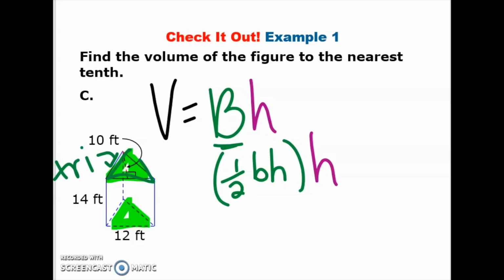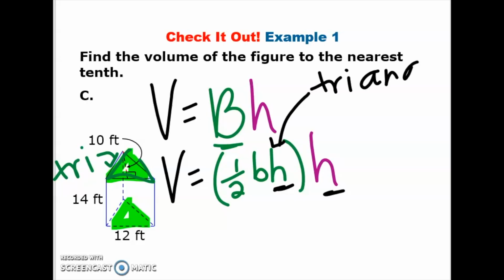Now notice there's a reason I'm really wanting to focus on the different colors, because this height and this height are very, very different. This is the height of the triangle. The purple height is the height of the prism. So I want to make sure that I don't get that confused. It is a little confusing since we're using the letter H for both of them.